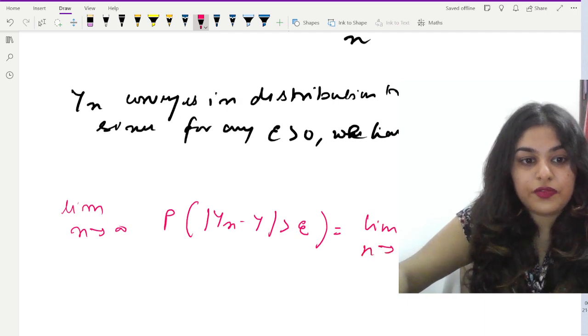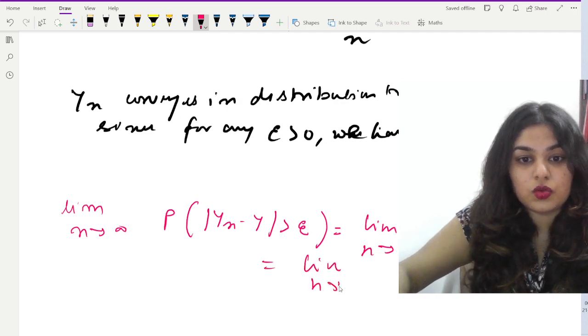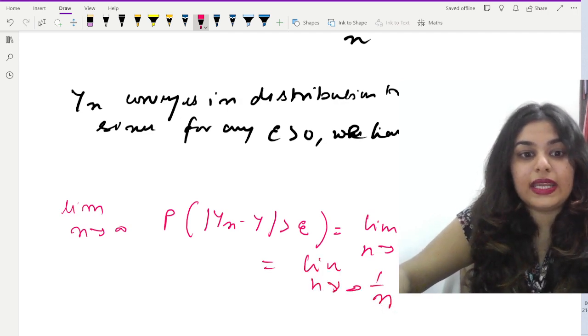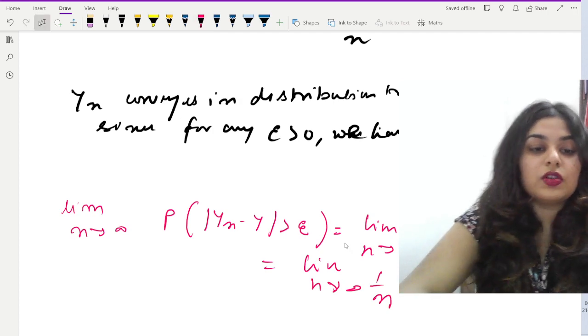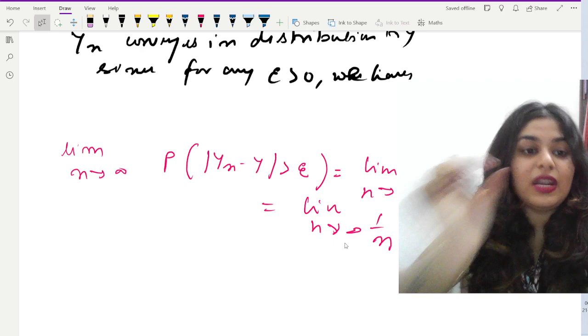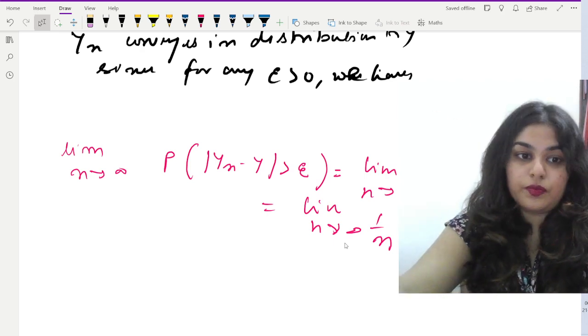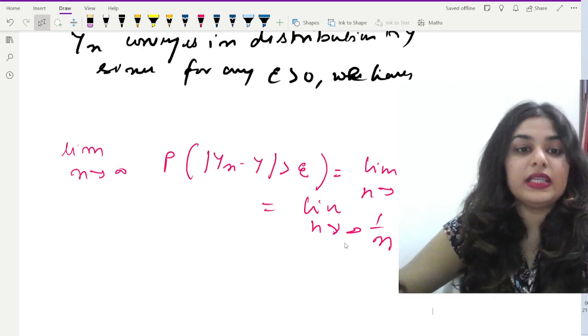When obviously the probability of the value being equal to 1, which is equal to what? Limit n tends to infinity 1/n, which goes to 0. So it means that the probability that the difference between Yn and Y will be something positive is almost 0, in case when Yn is equal to 1.